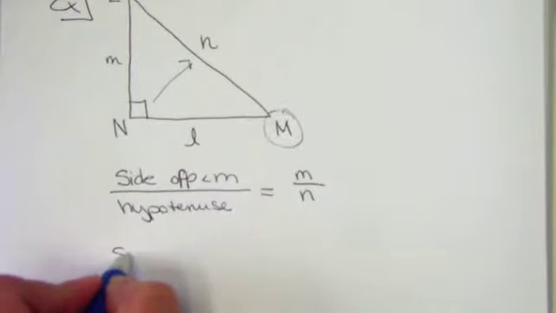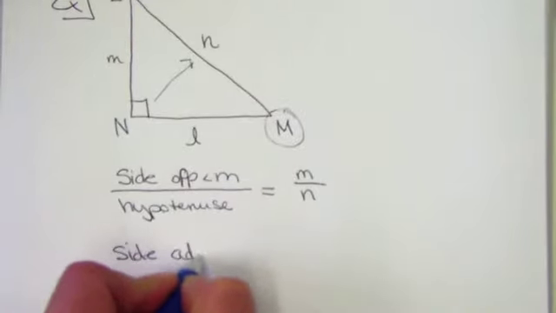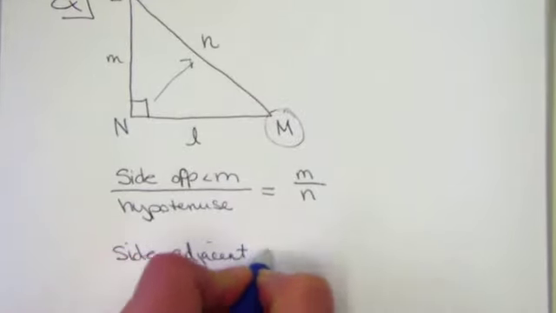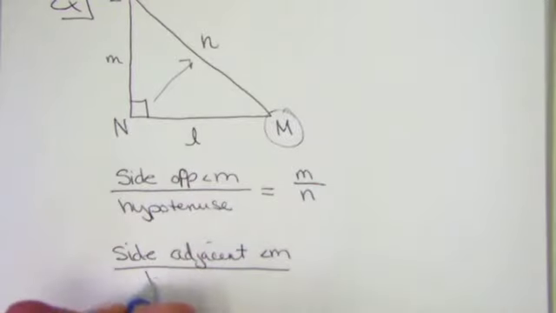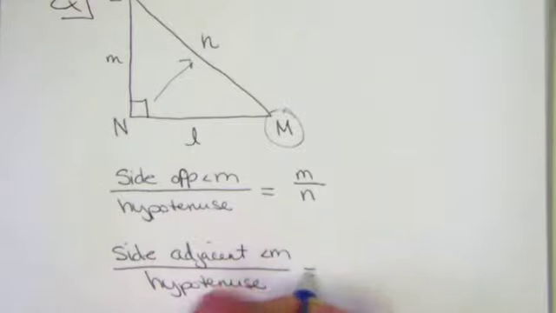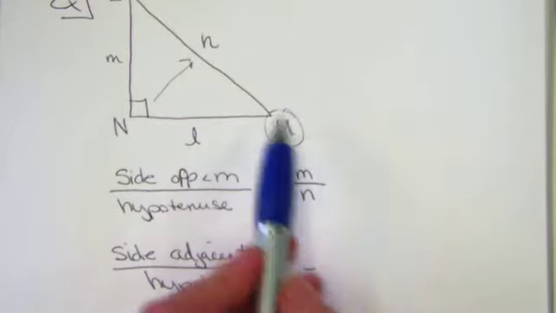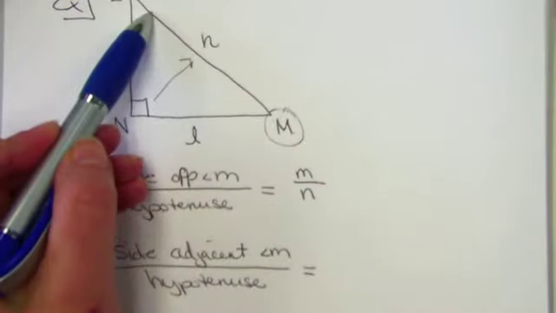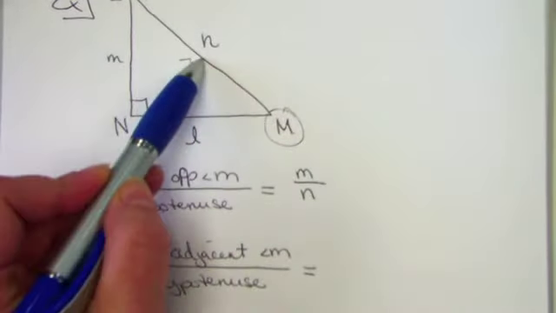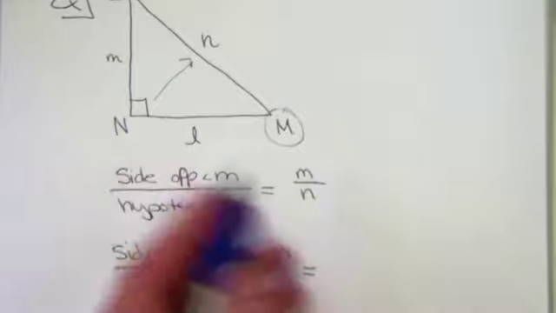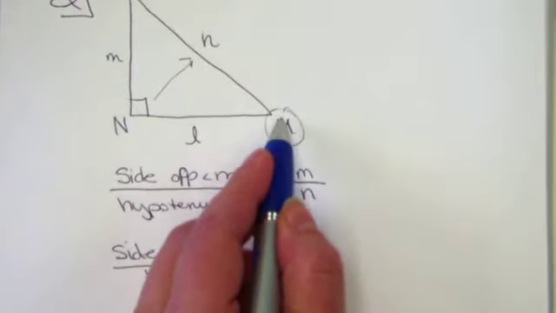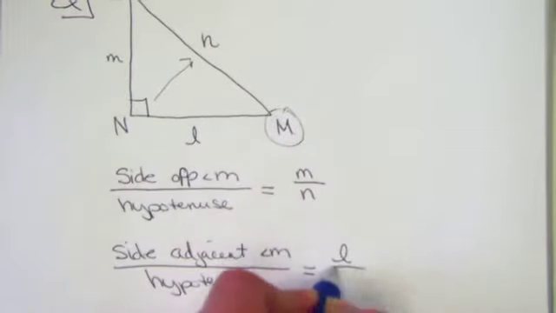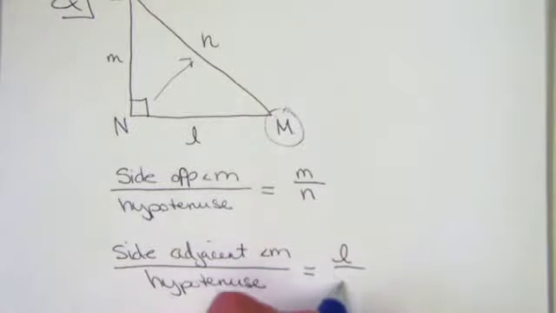If I asked for the side adjacent to angle M over the hypotenuse, I would go to angle M. Adjacent means next to. Now this side is also next to, but I know that this side is the hypotenuse. So the adjacent side of M would be side L over the hypotenuse, which would be little n.